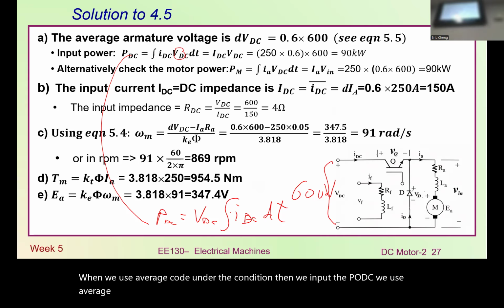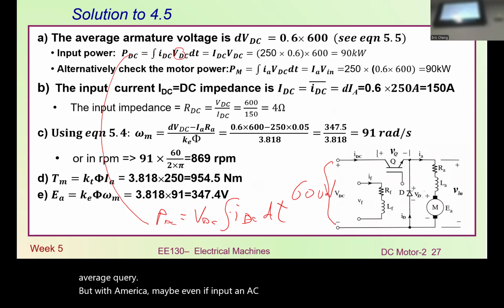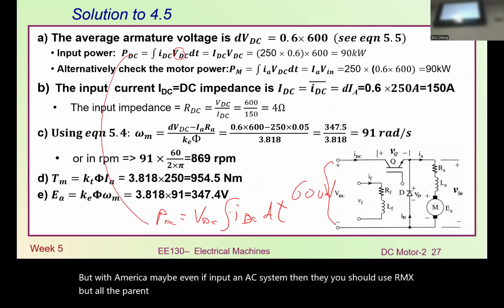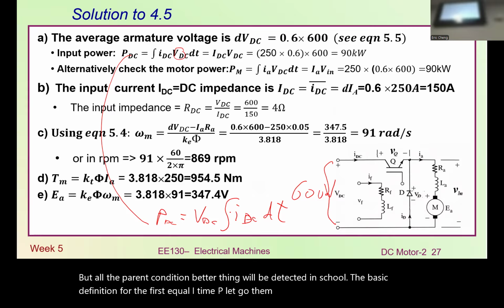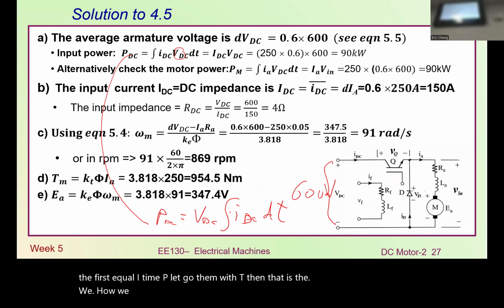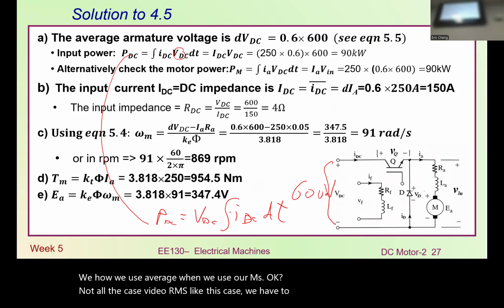But in many cases, when we input an AC system, then we usually use RMS, but it all depends on the condition. The better thing is to go back to that integral, the basic definition, which shows how we use average and when we use RMS. Not all cases use RMS. In this case, we have to use average. You get that?